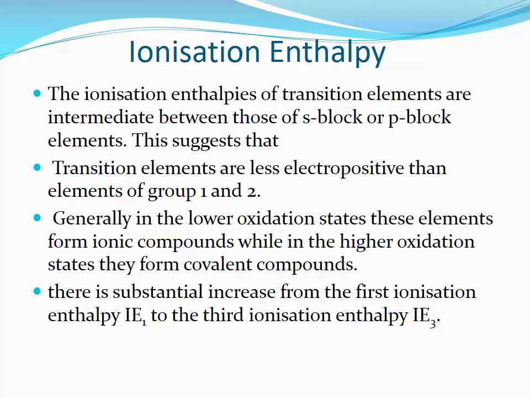This suggests that transition elements are less electropositive than elements of group first and group second. Generally, in lower oxidation states, these elements form ionic compounds, while in higher oxidation states they form covalent compounds.